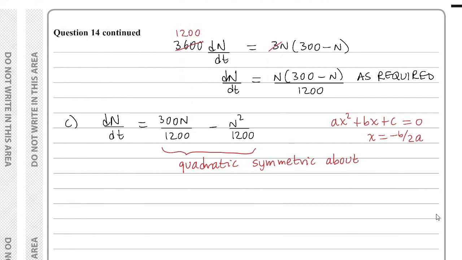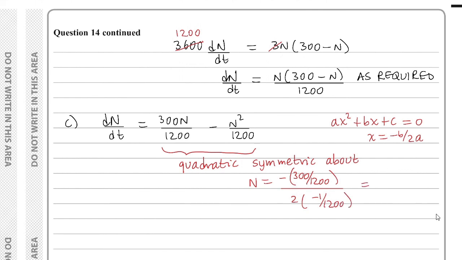In our case it's symmetric about n is minus b, which is minus 300 over 1200, over 2a, which is 2 times minus 1 over 1200.